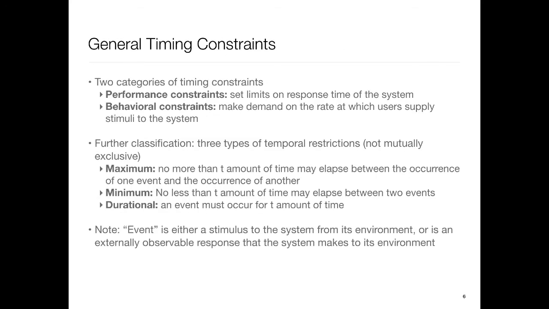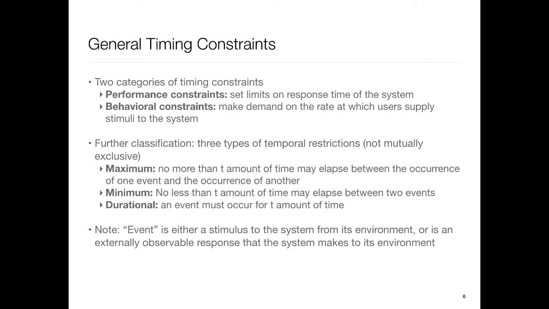So let's look at timing constraints a little bit, just to give you a flavor of what we encounter and what kind of issues there are. Firstly, at a very high level, there are two types of timing constraints. There are constraints related to performance, so they limit the response time of the system. And then there are constraints on behavior, and they basically place demands on the system.